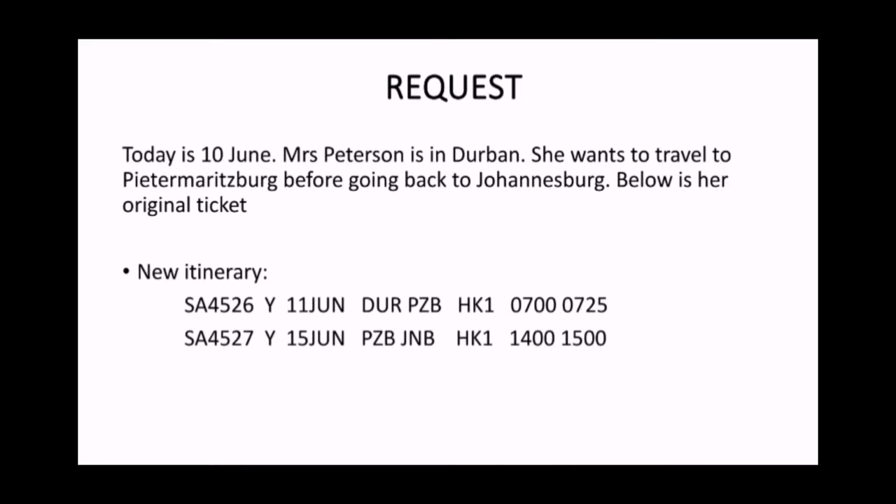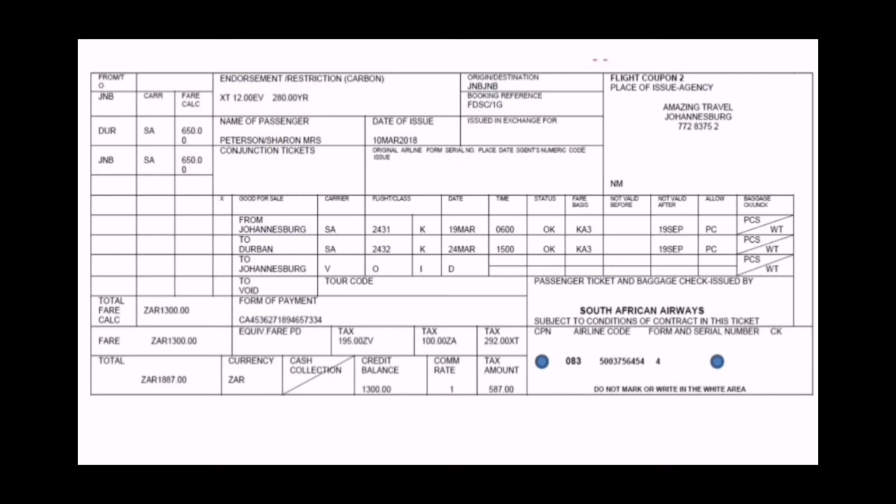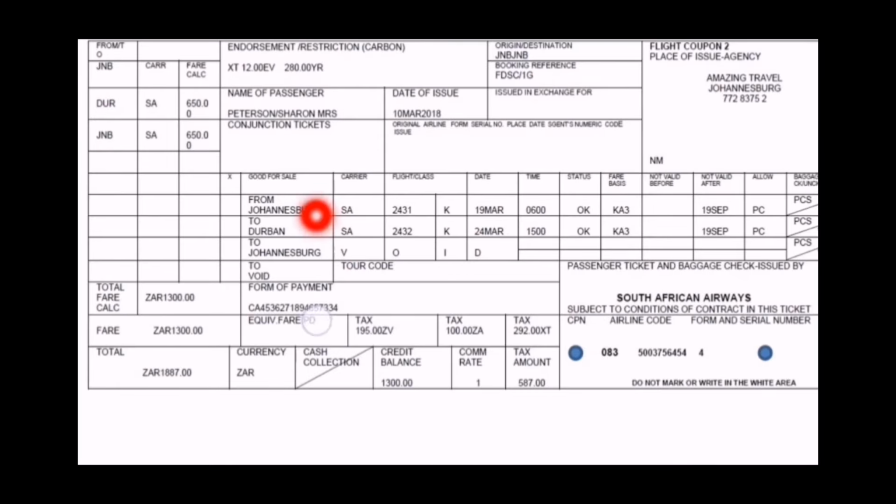Now, let's go to the next slide to see her original booking. Her original booking in some situations will be indicated to you using her old flight ticket. So we can see using this flight ticket that she went from Johannesburg, Durban, Johannesburg. This was her original ticket.